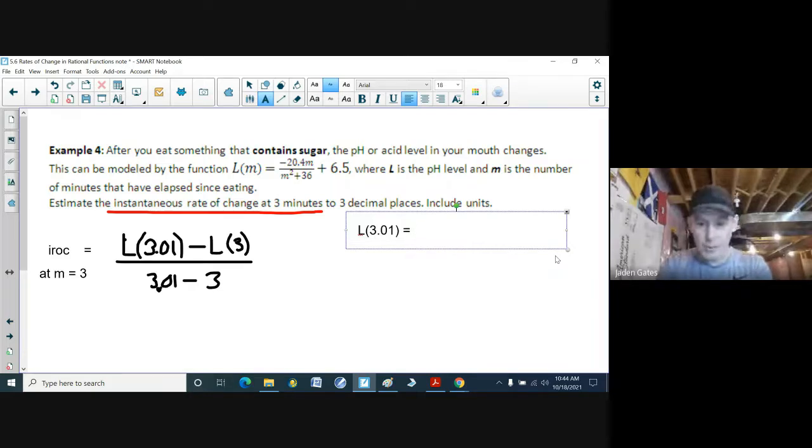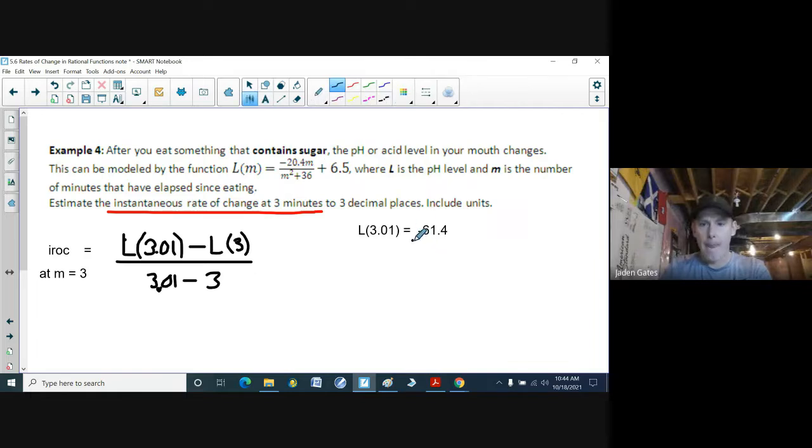Negative 61.4. There we go. Then on the bottom, and I can't forget this plus 6.5 over here, in the bottom I got m squared plus 36. All right, so I take my 3.01, square it, add 36. What do we get here? 45.06.